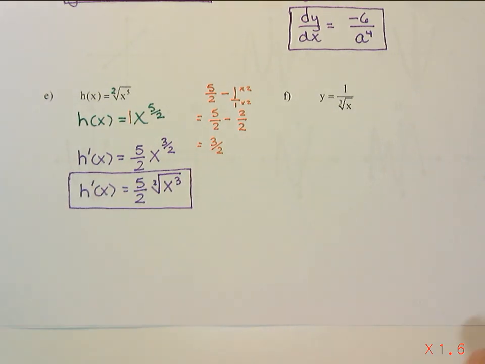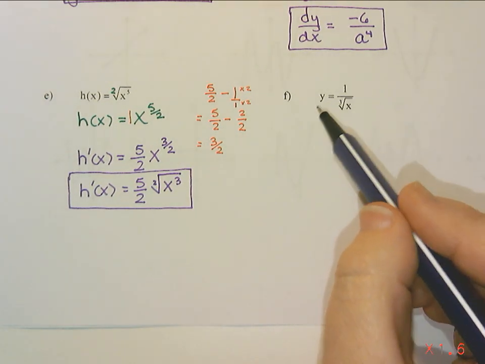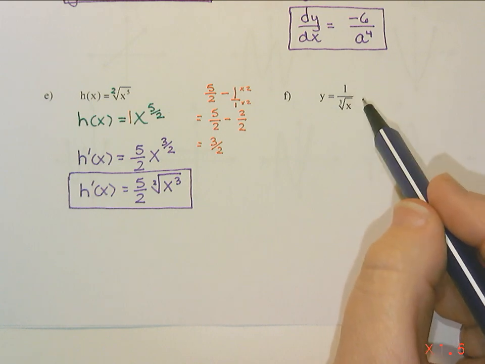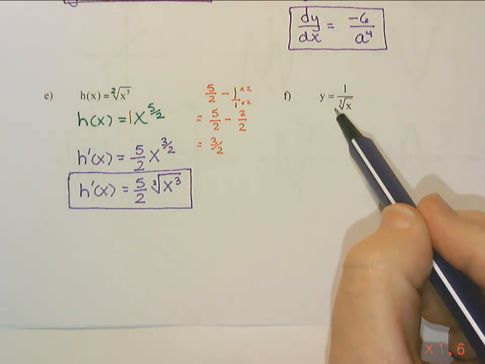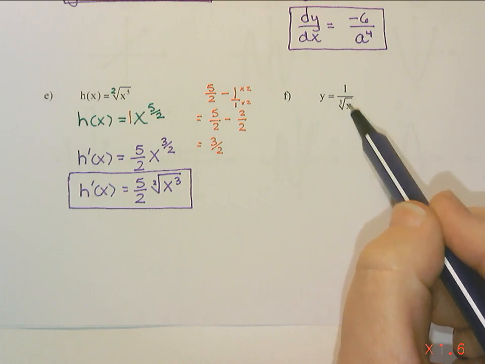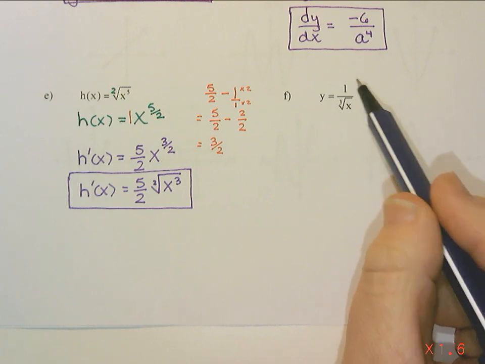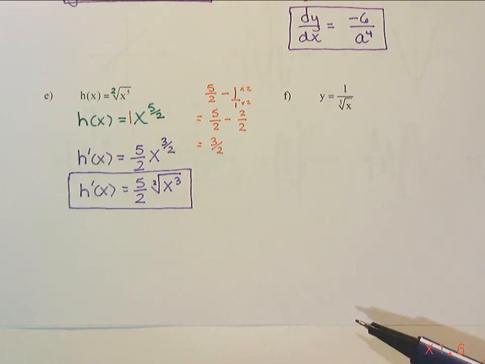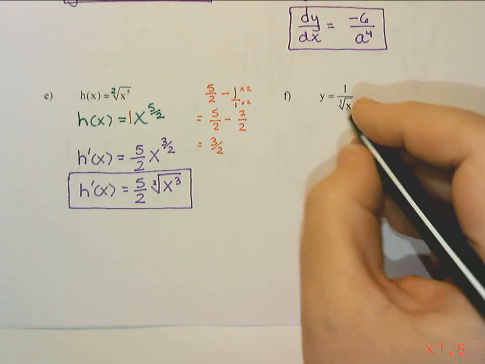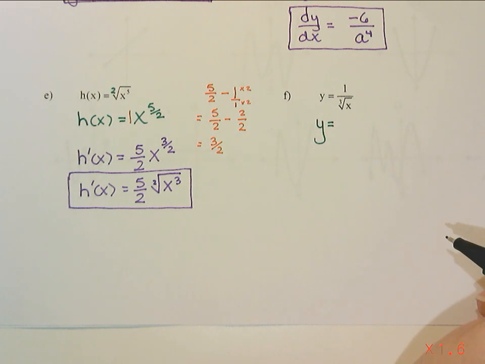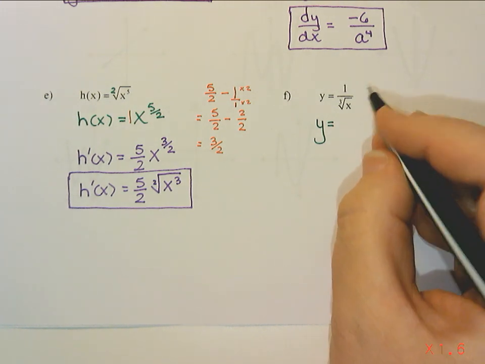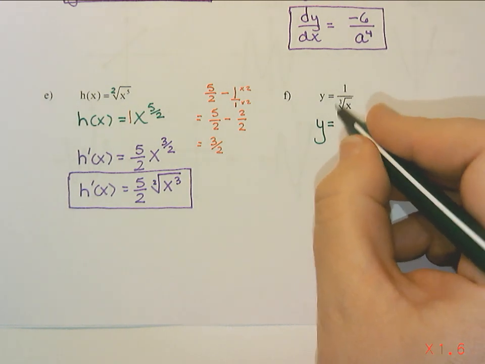All right, we've got one more here. So we have f says y equals 1 over the cube root of x. So not only is this a fractional exponent because of the root, it's also a negative exponent because it's a fraction. So before I do the derivative, I want to rewrite this as a power. So I think I'm going to start by writing it as an exponent instead of the root.